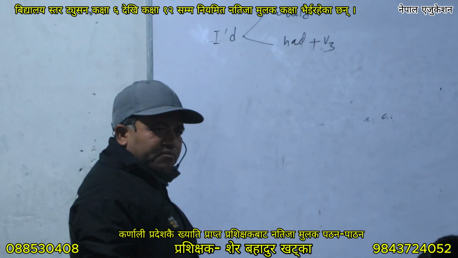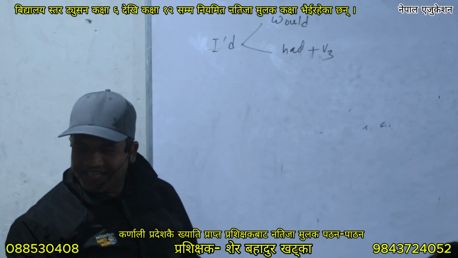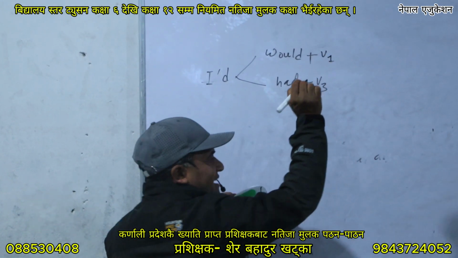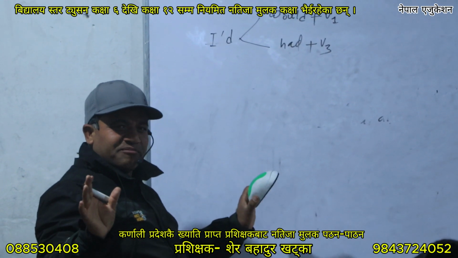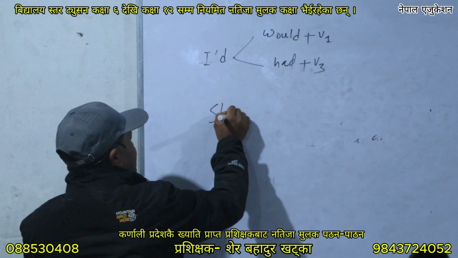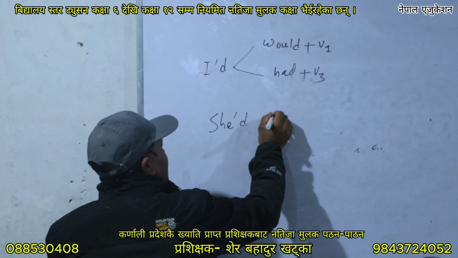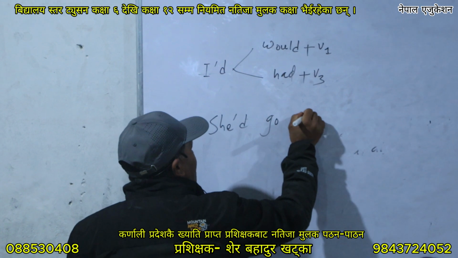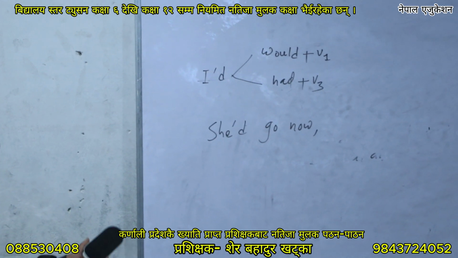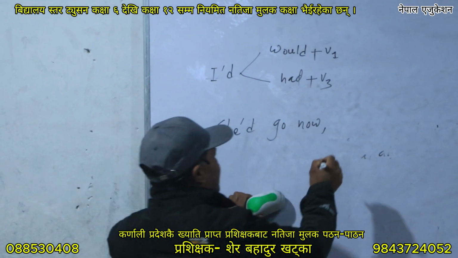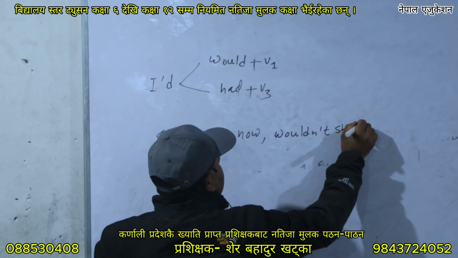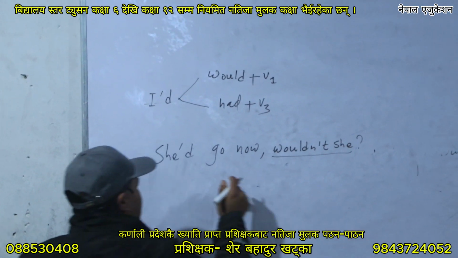Verb 3, that is the past participle. If there is would, it is what? Verb 1. Now, how can you make the question tag of this? For example, go now. What is it? Would see. Wouldn't see. Very good. The question tag is wouldn't see.